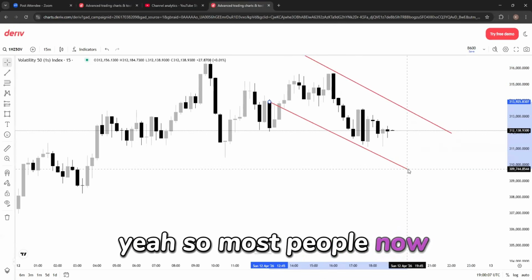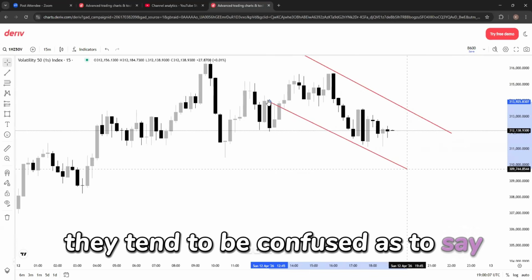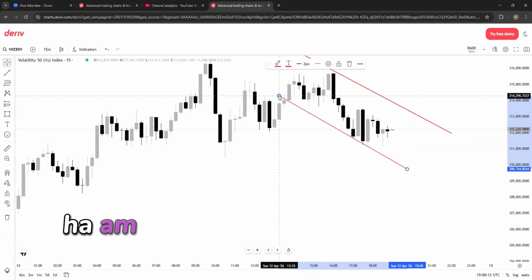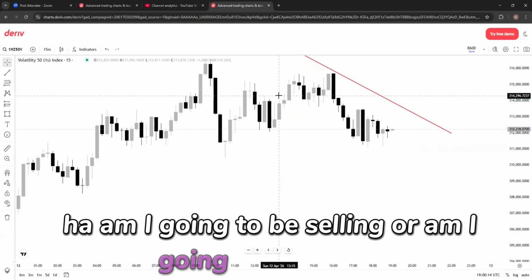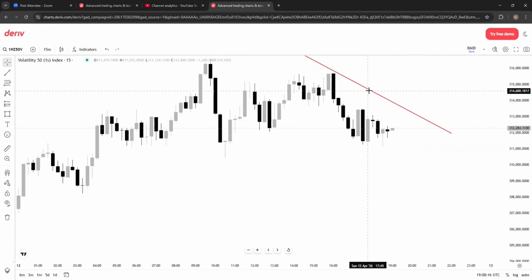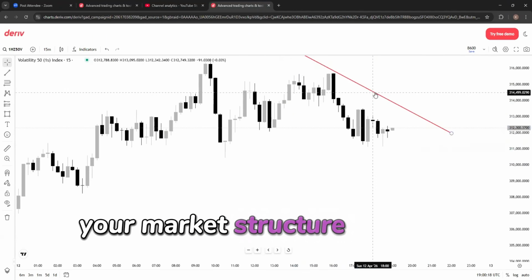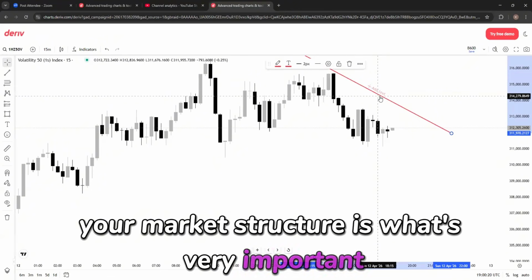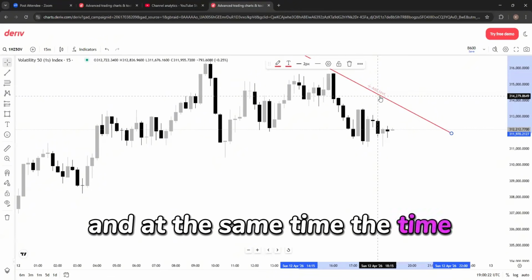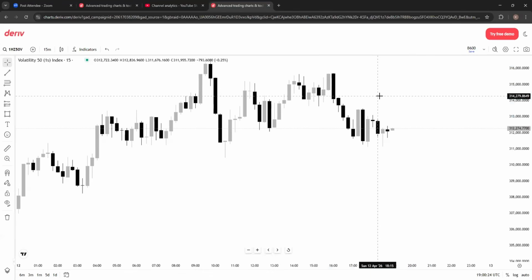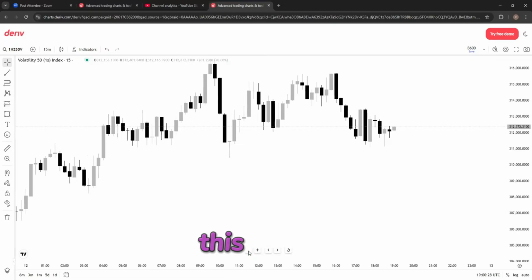So most people now tend to be confused as to say, am I going to be selling or am I going to be buying at the end of the day? Your market structure is what's very important. And at the same time, the time frames that you work with shouldn't affect your whole mentality into saying this is a flag.